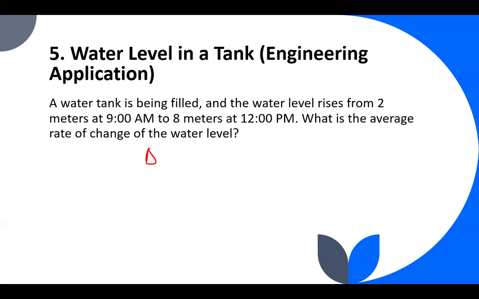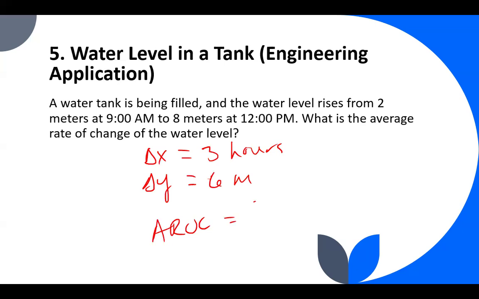All right, what is the change in my independent? 3 hours. What's the change in my dependent? 6. 6 what? Do I have everything I need? So that is 6 meters divided by 3 hours, which leaves us with 2 meters per hour.